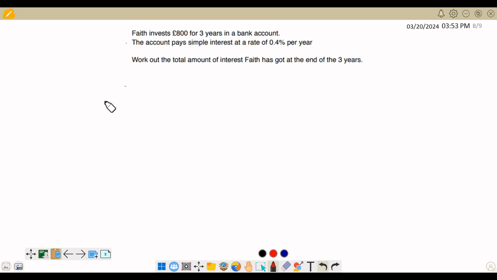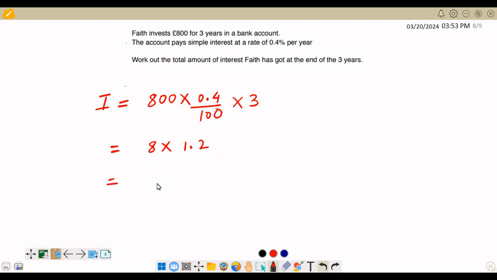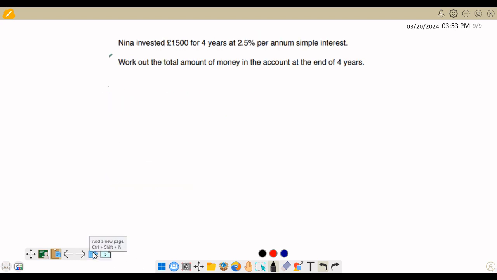Again, I equals P, 800, times 0.4 divided by 100, times 3. So 8 times 1.2 when you simplify, and when you multiply, you get 9.6 pounds that Faith will earn at the end of the 3 years.